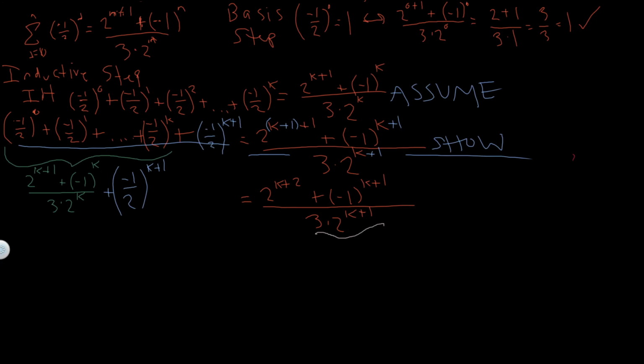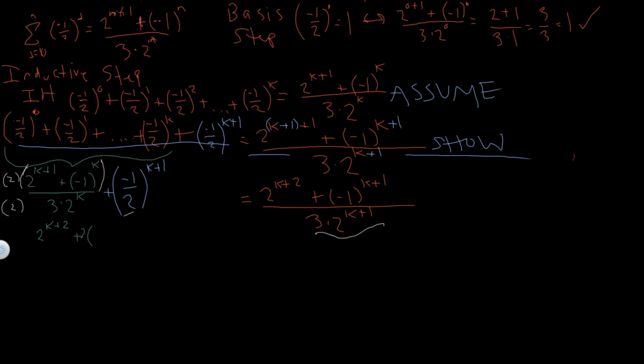So let's start by multiplying the first portion of this problem by 2 over 2, because that's what I have in the denominator over here. And in doing so, I end up with, in the numerator, 2 times 2 to the k plus 1 is 2 to the k plus 2, plus, and then I have negative 1 to the k times 2.